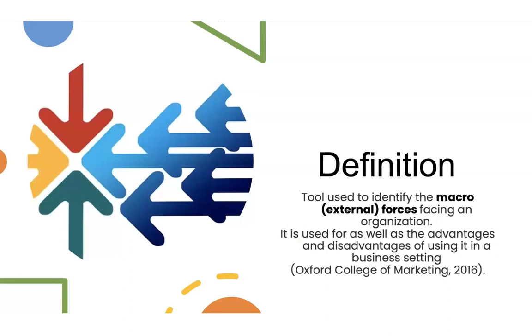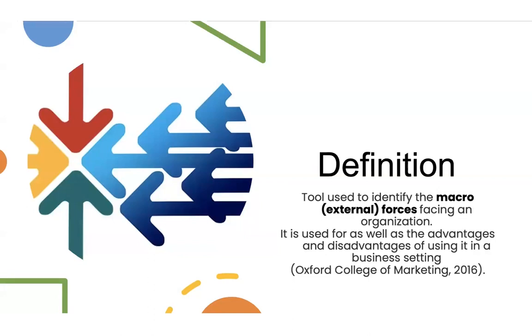First of all, it's a tool that usually involves the macro forces, the external forces and things that might not impact just one organization but multiple ones. Another thing is that we could use it as an advantage or a disadvantage, okay? And it's implicated in a lot of actions that we do on a daily basis.